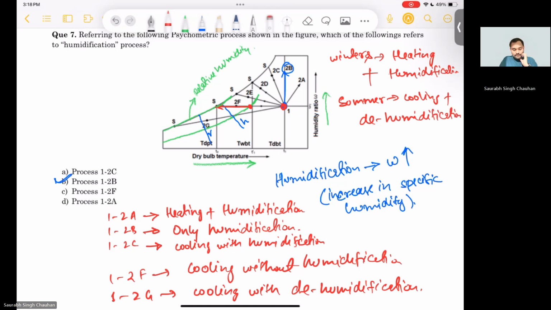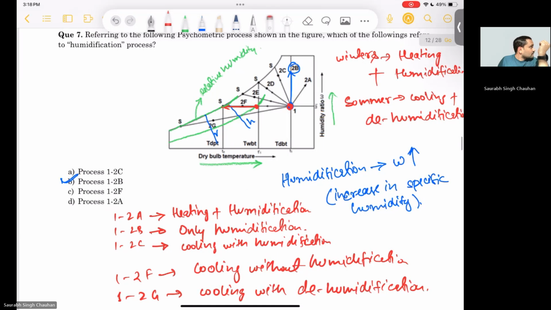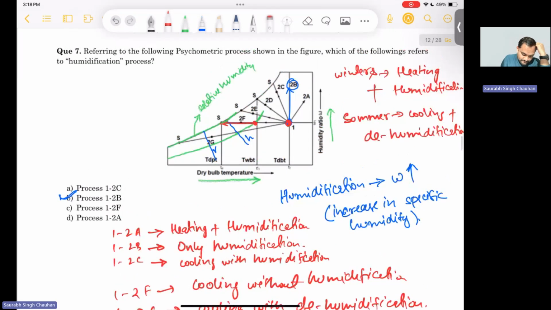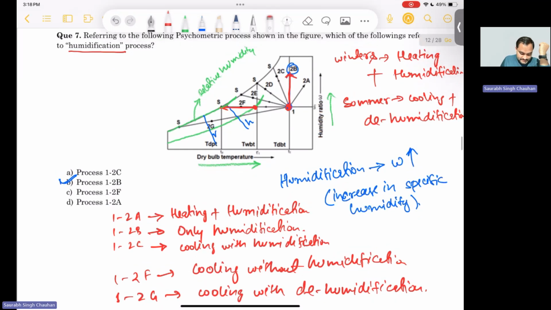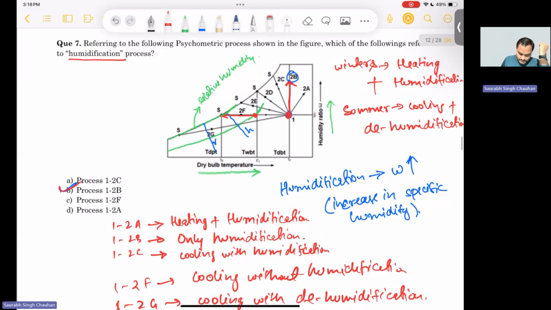Okay, but anyways, in this question, we have been asked which process refers to humidification. Okay, so process 1 to 2B is the humidification without changing temperature. Okay, so part B is the correct option.